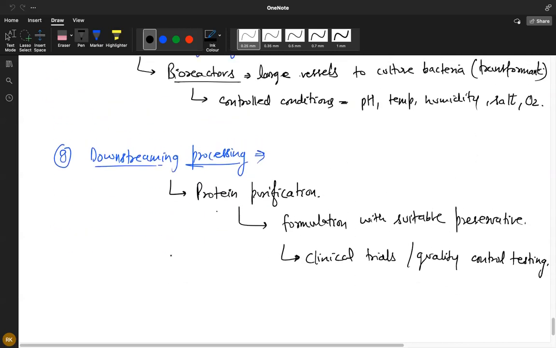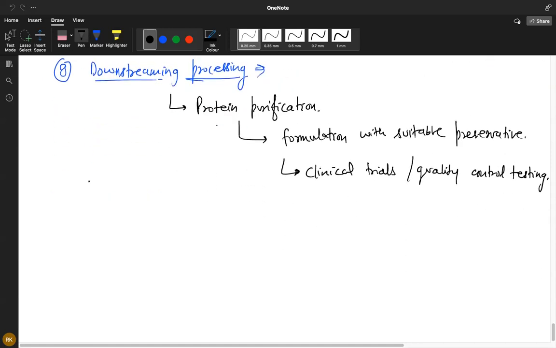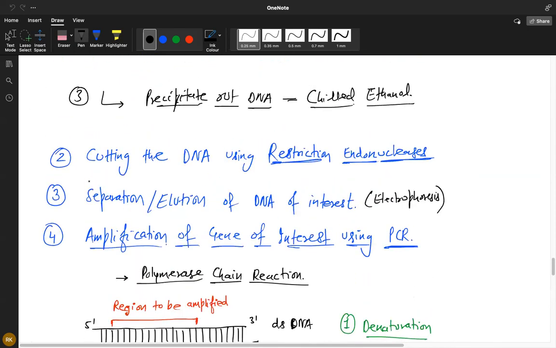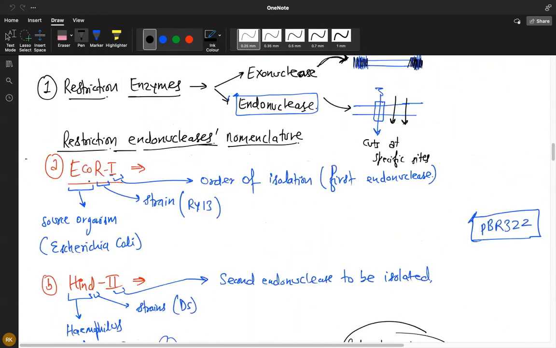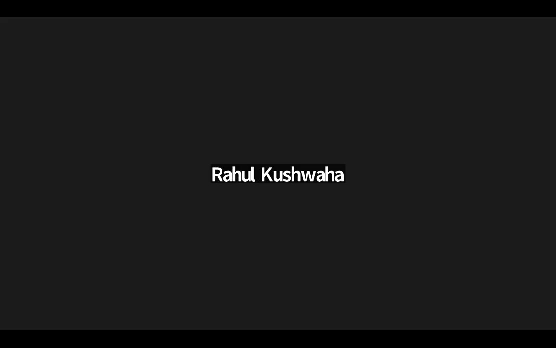In downstream processing, purification and separation are the two important aspects that we talked about, and it was also a question that I asked in one of your mock exams. So this is overall a broader quick revision, and let's now spend some time on questions.